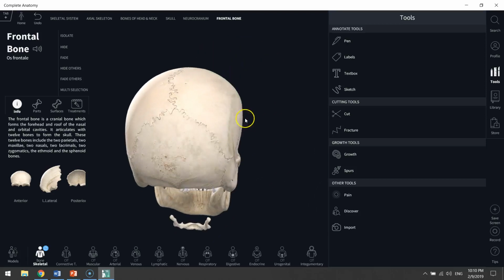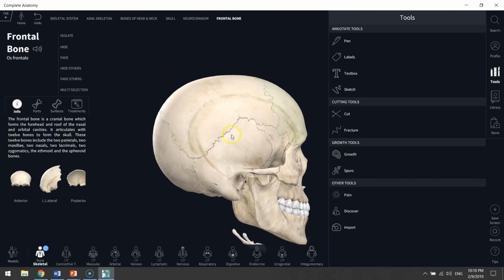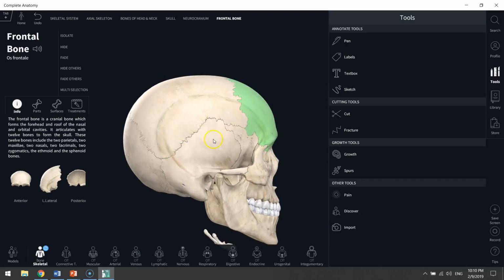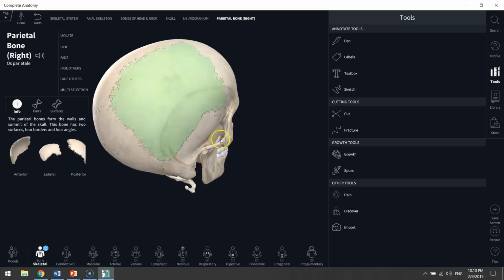Posteriorly, via the lambdoid suture with the occipital bone. Laterally, they form an articulation with the temporal and sphenoid bone via the squamous suture. These are the parietal bones.